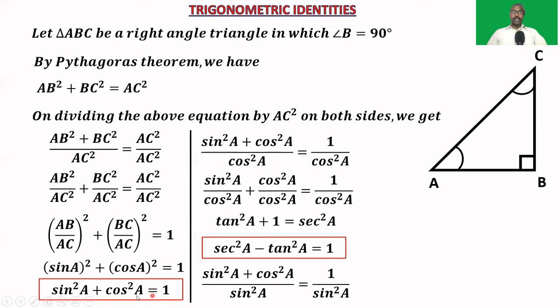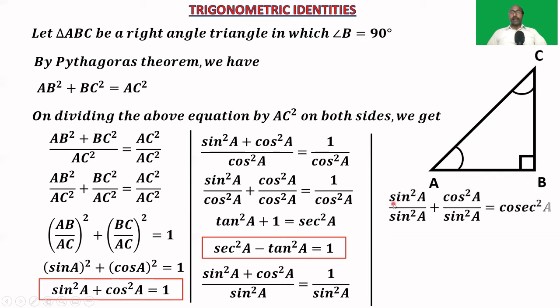Like this, sin square A plus cos square A by sin square A is equal to 1 by sin square A. Again, now by separating this fraction, we get sin square A by sin square A plus cos square A by sin square A is equal to 1 by sin square A, which is cosec square A, isn't it? The multiplicative inverse of sin A is cosec A. That's why here we are writing 1 by sin square A as cosec square A.